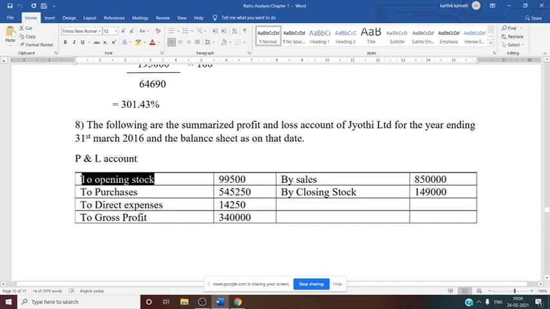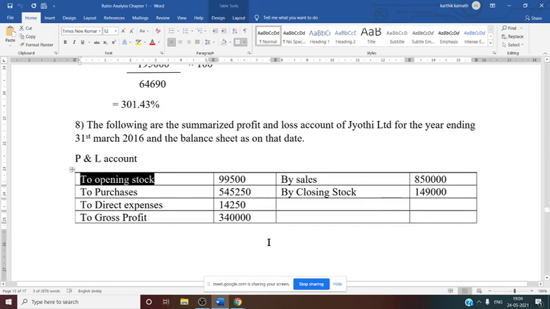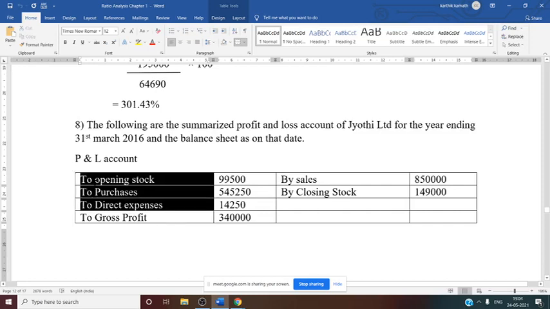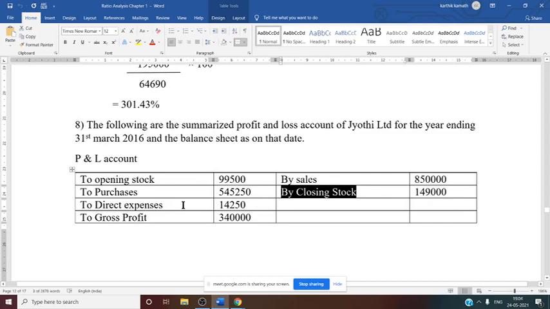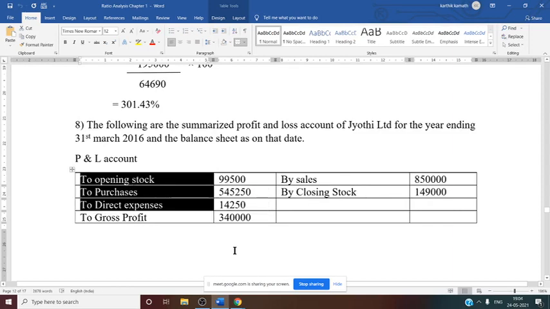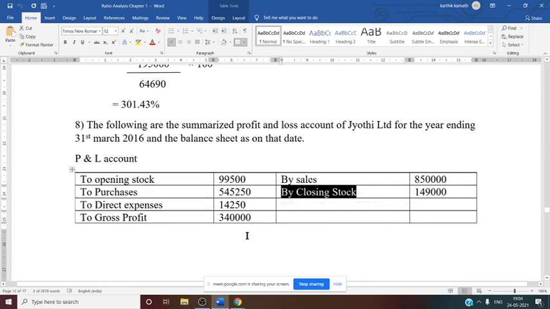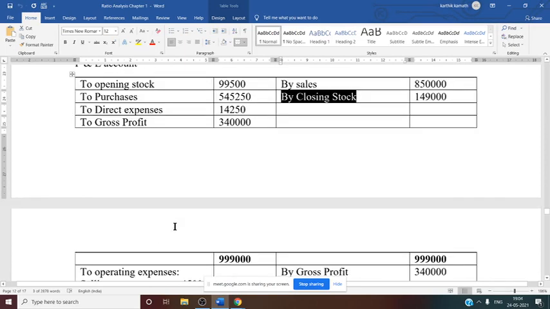That is, first is opening stock plus purchases, if you add, plus direct expenses, if you add, and from this you need to deduct the closing stock. Add all debit side items: opening stock plus purchases plus direct expenses minus closing stock. So this is a general formula to calculate cost of goods sold. You can consider all the items just before the gross profit, you can say here.